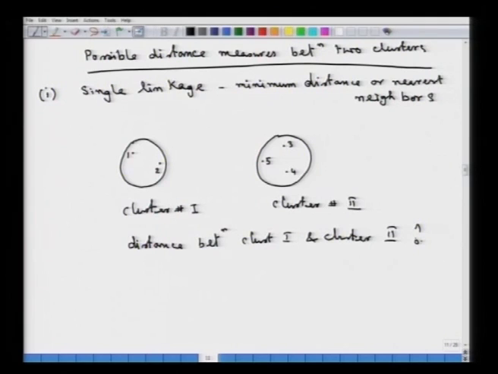So, what is the distance? Because we will require this type of measure, the distance between the 1, 2 cluster and the 3, 4, 5 cluster, what is that equal to? And if we are adopting a single linkage, then the single linkage is basically going to look at the minimum distance between these clusters, and that is what is actually based on the nearest neighbors.